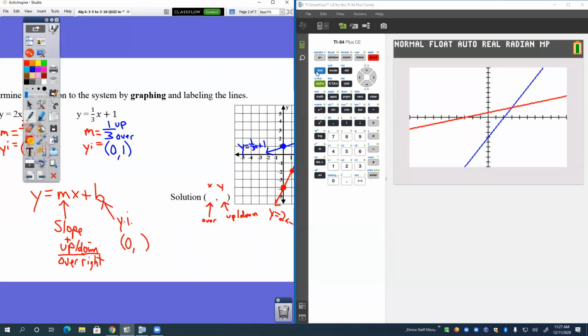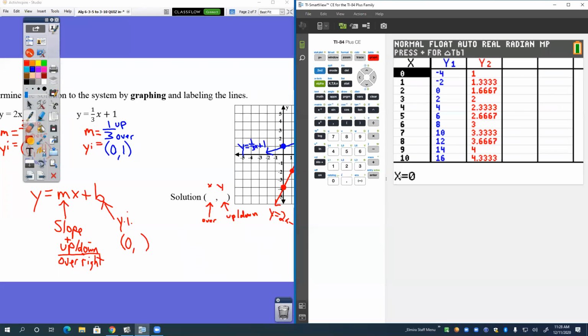All right. Remember that to get your points, you could do second and table. Now, notice I'm going to give you a little hack here, a little cheater thing. Notice that these twos are the same. So that is the same point for both equations. So our x value is 3, our y value is 2.